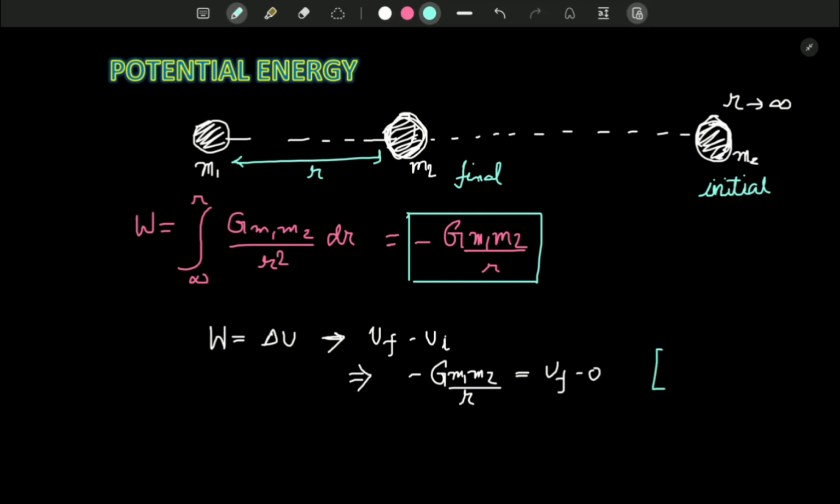Because we know that at infinity the potential, which is U, is taken to be 0. U equals 0 at infinity. Therefore, I can say that U final equals minus G M1 M2 by R. So this is the potential at a point for a given mass at a position R.